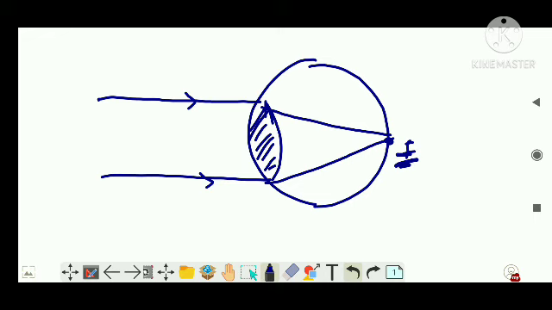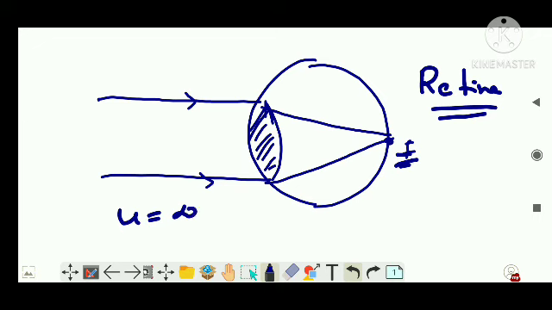Clear? And the focal length is always such that the image is at the retina itself, right? And you know, for a convex lens when the object is at infinity, the image will be at f. Should I thicken the brush? It's better now.